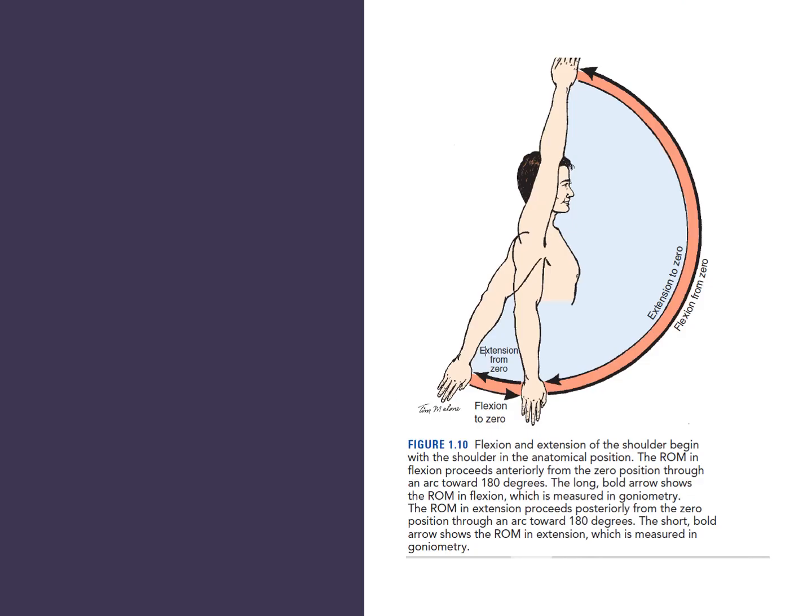You can see this figure for the first two systems. When your arm is at the side of your body, that is the 0 degree starting position, and then you take it up, superiorly towards the ceiling.